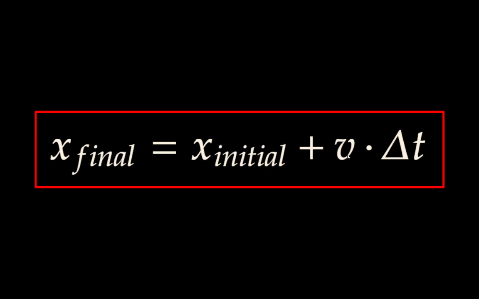And the reason we could do this, by the way, is because think of velocity as x over t times t, well, the units of seconds cancel out, and now we're just adding some initial position plus some change in distance, or a change in position, which will give us our final position.